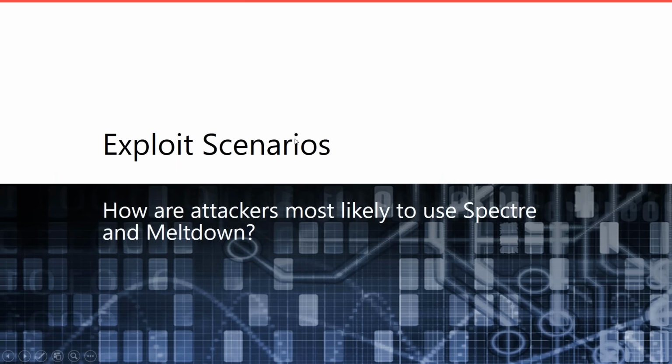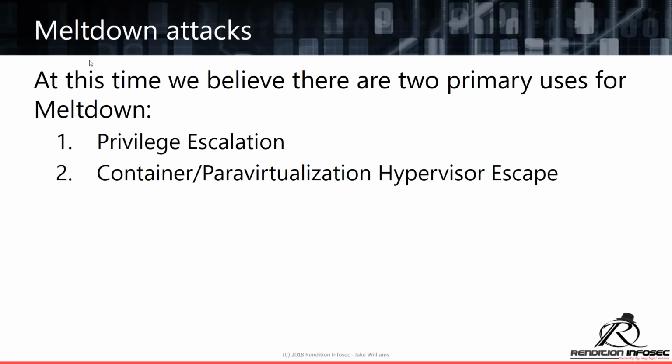So let's talk about the exploit scenarios. How are attackers going to use these? For Meltdown, I think there are two primary uses: privilege escalation and container / para-virtualization hypervisor escapes. Para-virtualization, by the way, is what we see with Xen.